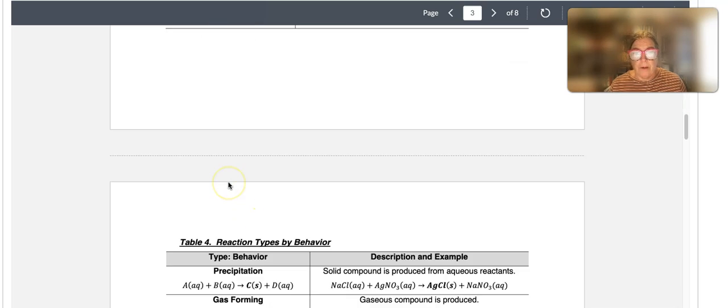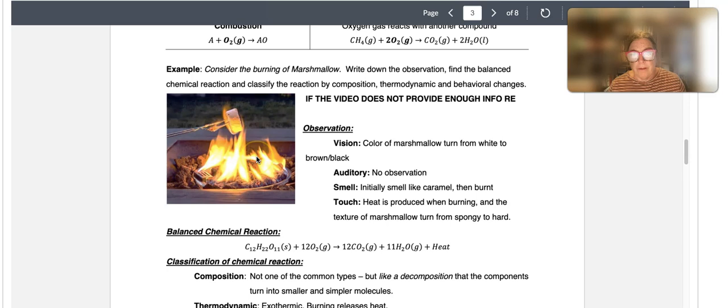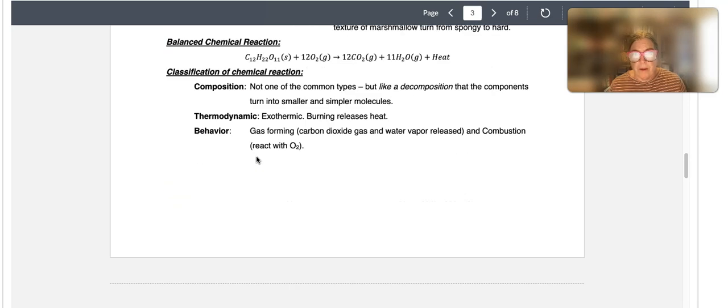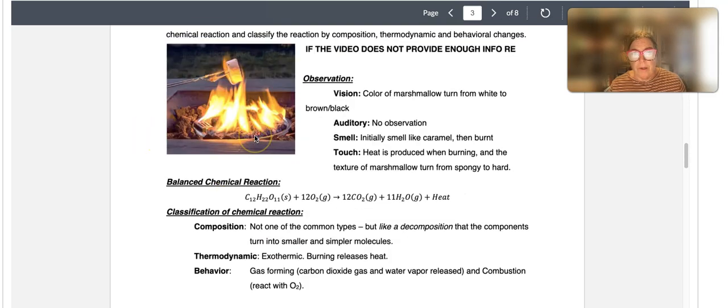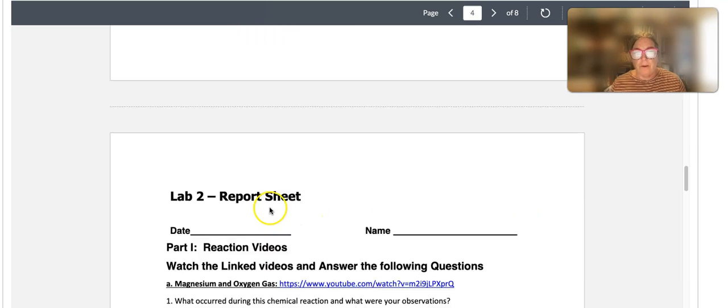Was it exothermic or endothermic? Was it gas forming, precipitation, acid base? Sometimes it could be two, like acid base and precipitation. You never know. This one, the burning of the marshmallow, is gas forming because carbon dioxide is formed and water vapor is released, and combustion reacts with O2.